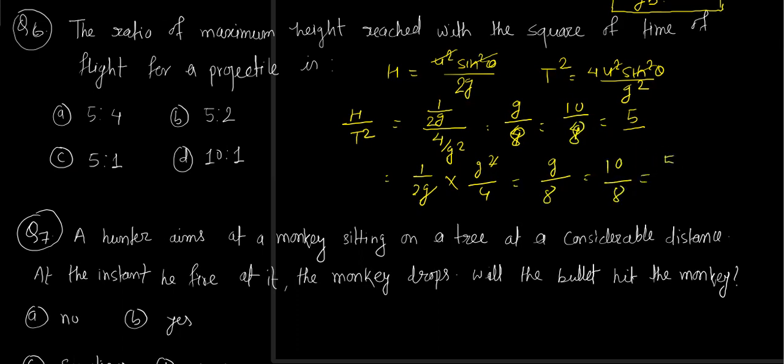After cancellation we get 5 by 4 as our correct answer.